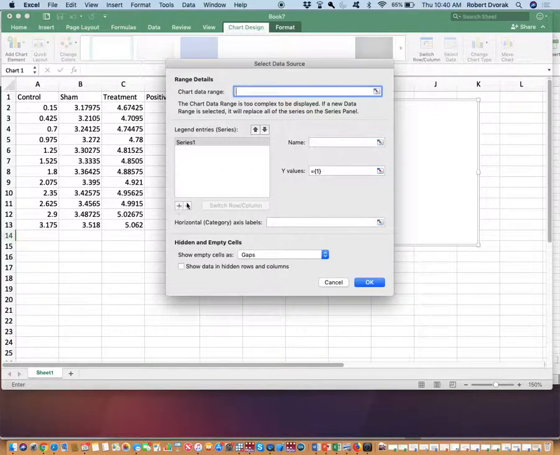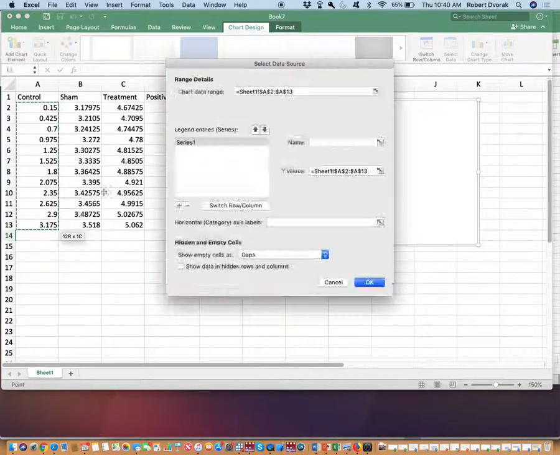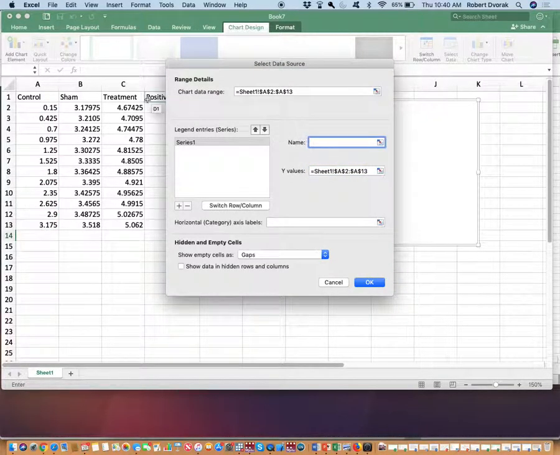So just click the plus sign, series. And our values for this new line are this. That's our control group. Our name for this new line is right there, control.